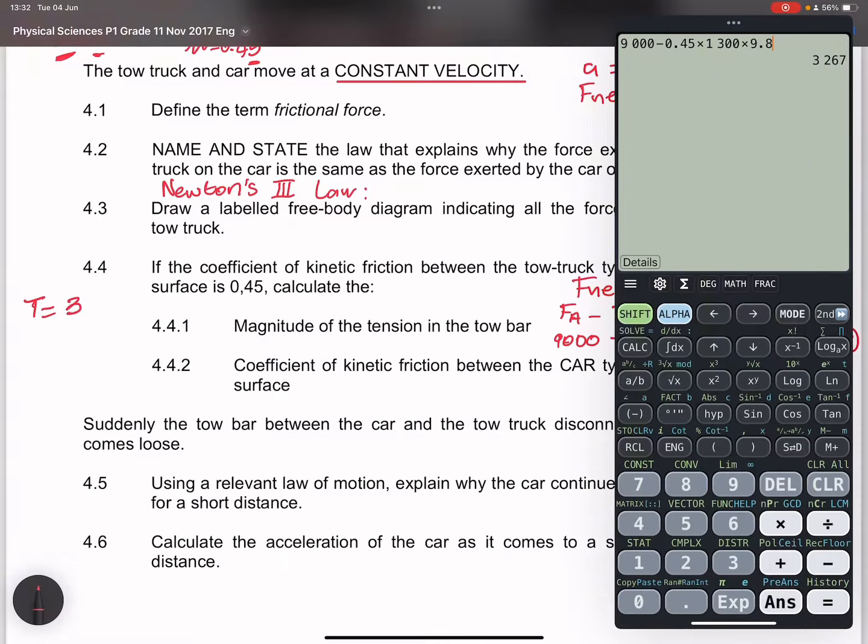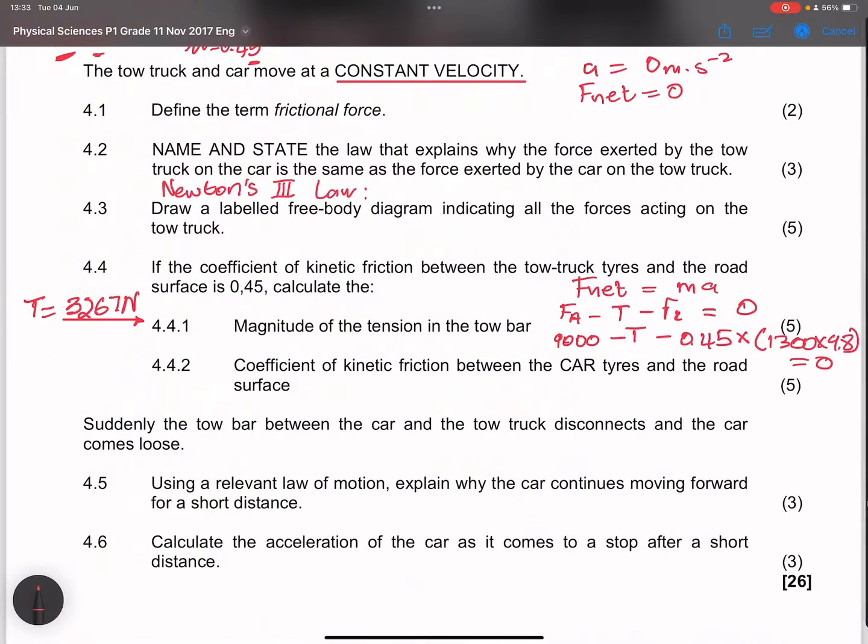So that's 3,267 newtons. And that's my value for the tension on the string.